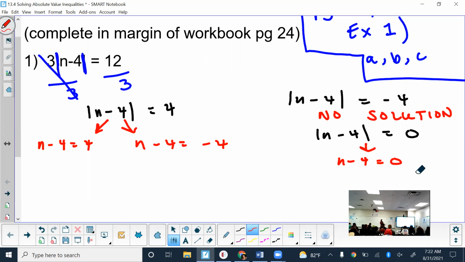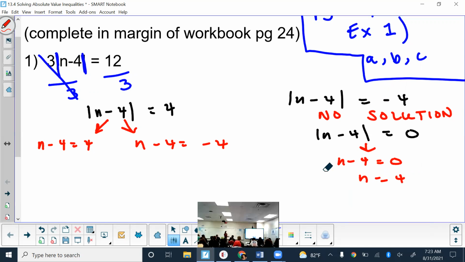All right, you still solve it like you do a normal equation, add 4 to each side, you get n equals 4. If this were my problem, I'm just kind of editing it. In that case, we would have just one solution. All right, because 0 can't be negative. It's definitely not no solution, it would be one solution. Make sense?